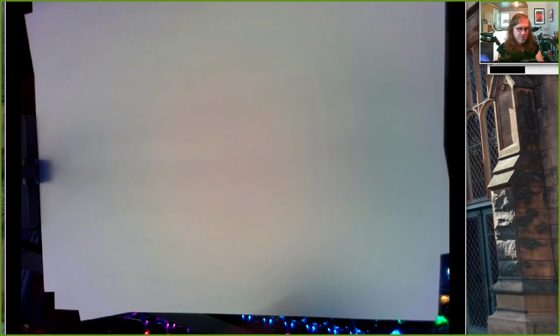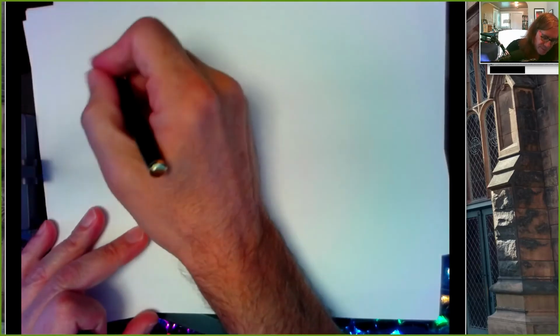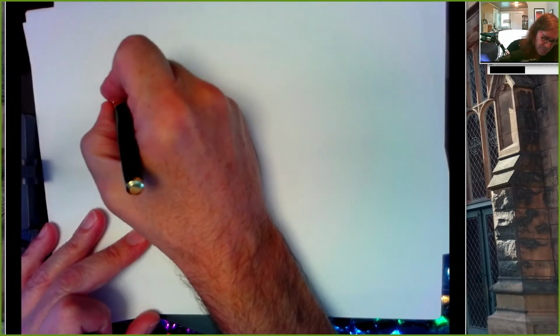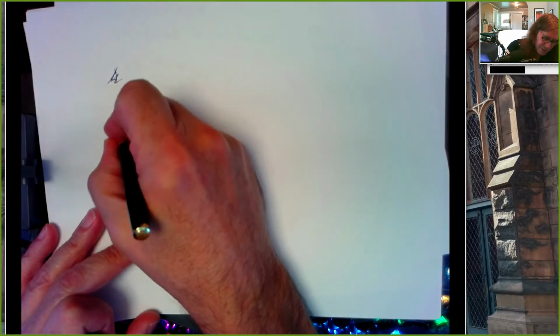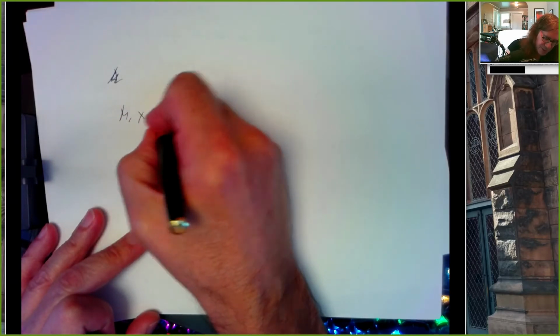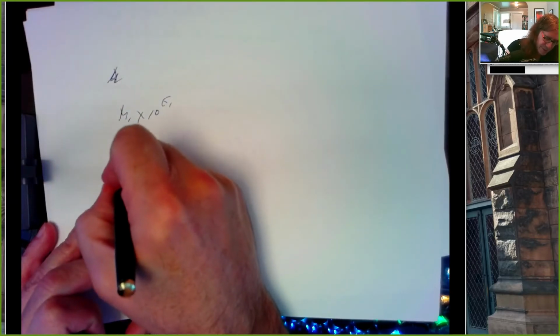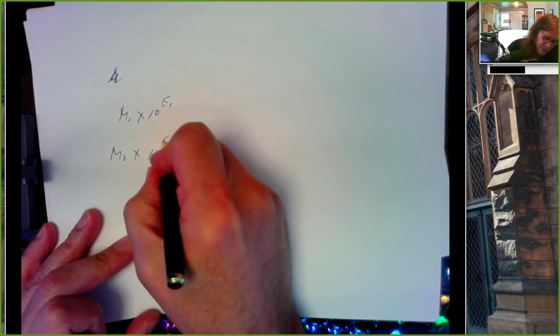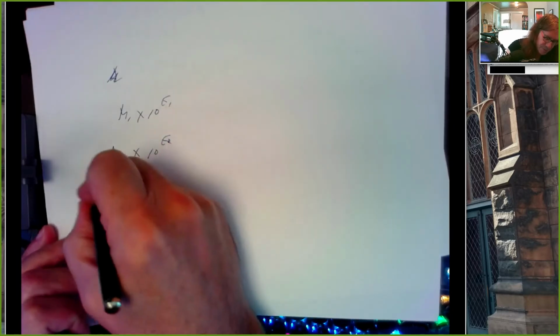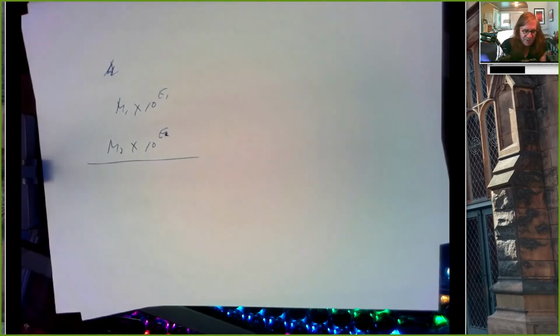So suppose we have two numbers, m1 times 10 to the exponent 1 and mantissa 2 times 10 to the exponent 2. How do you multiply two of these things?